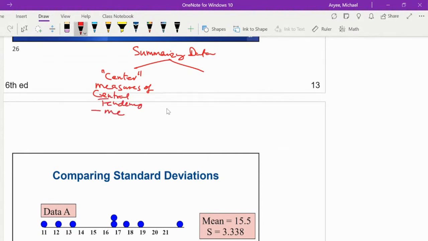We learned about the mean, the median, and the mode, and then other things like the weighted mean. The weighted mean is the way you calculate your GPA and all those things.